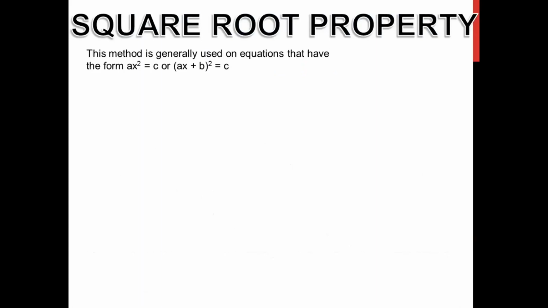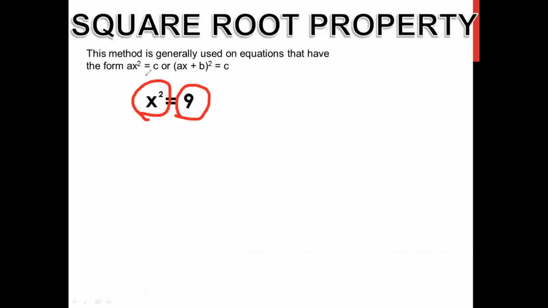First, the square root property. This method is generally used for equations of the form ax squared is equal to c, or (ax plus b) squared is equal to c. For example, take a look at this example. We have x squared equals 9.